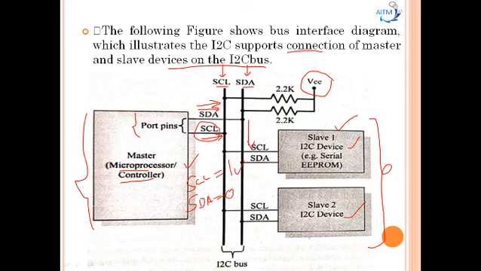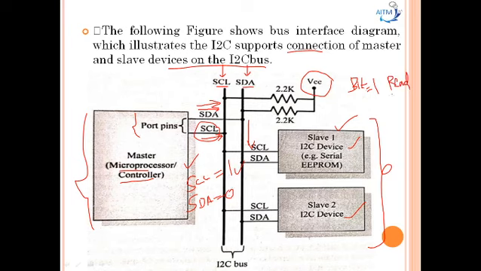Now the master device sends the read or write operation bit. If the bit value is equal to 1, it indicates a read operation. Likewise, if the bit is equal to 0, then it indicates a write operation.